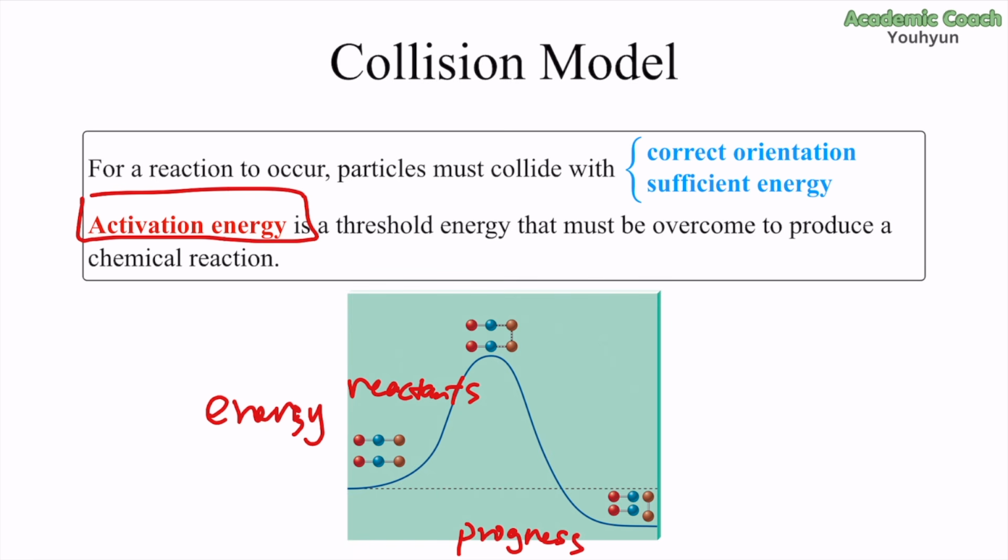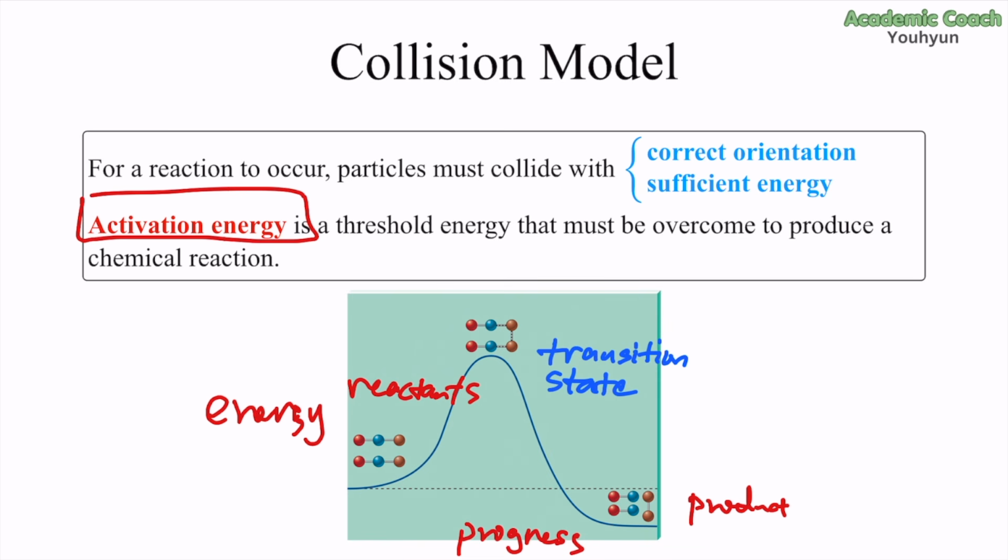And then right in the middle is what we call the transition state. The transition state is much higher in terms of energy. And then when it comes to product, the energy drops again because product is usually way more stable than the transition state. So higher energy means less stable, and lower energy means more stable.